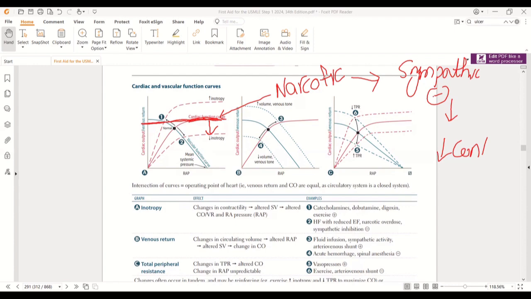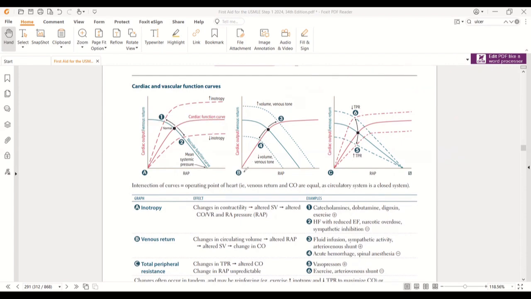Okay, the next is venous return. So this graph is venous return. Tell me in which condition the venous return is increased.